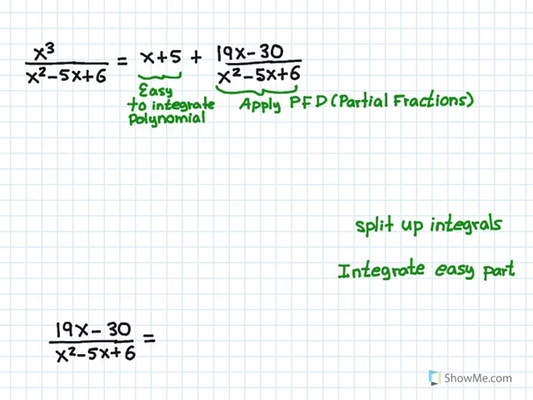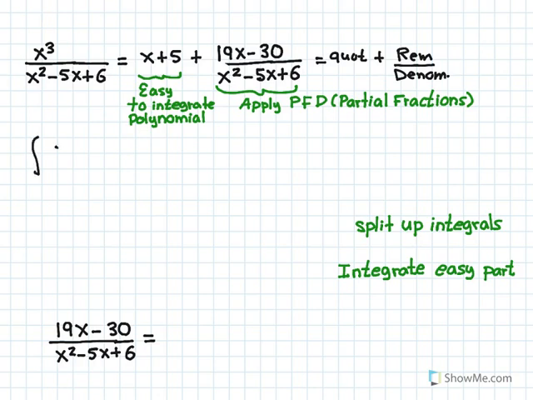All right, so what we have is x cubed divided by x squared minus 5x plus 6 is equal to x plus 5 plus 19x minus 30 divided by x squared minus 5x plus 6. So essentially it's the quotient plus remainder divided by denominator. All right, now let's integrate both sides.